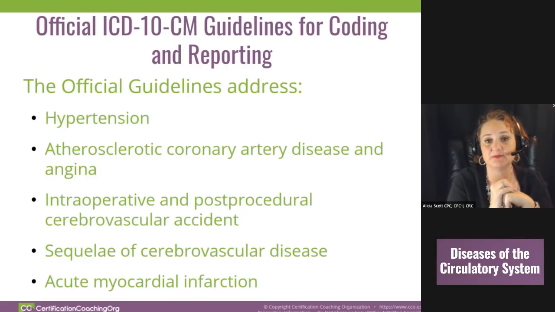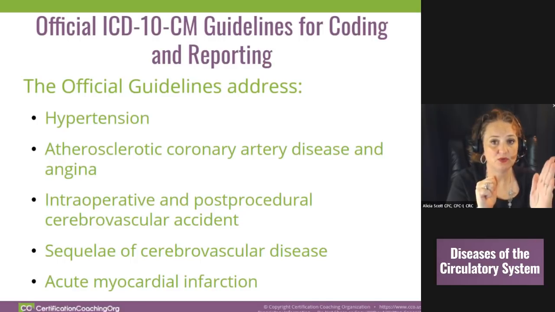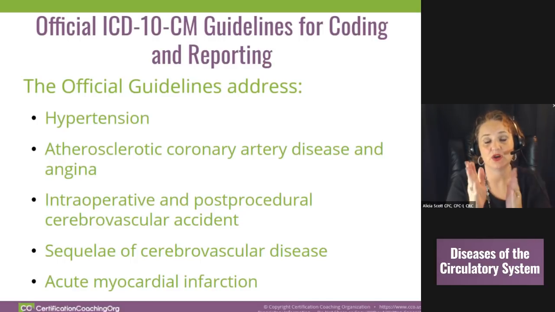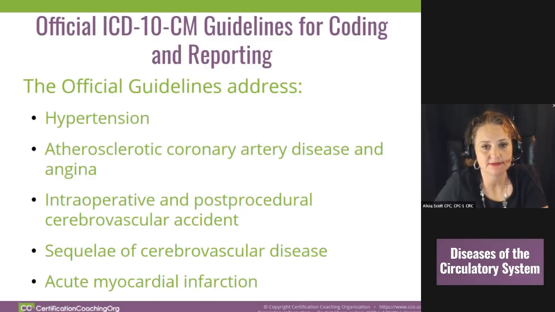How many weeks is it from the time that you have an MI to the point that it's no longer considered acute? It's considered an old MI. What differentiates an old MI from an acute MI, right? Because it's different codes. And this is pretty basic stuff that you have to have in your knowledge bank for MIs.